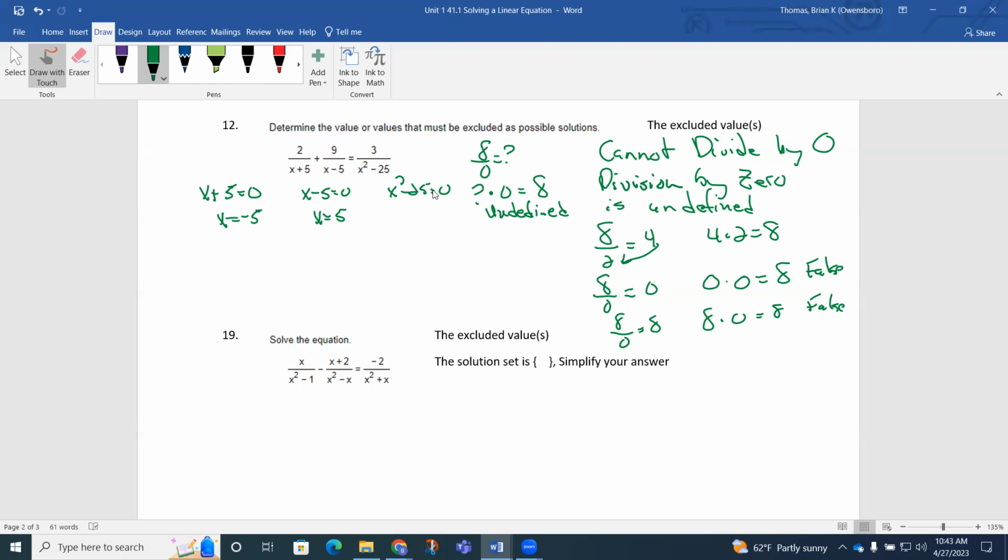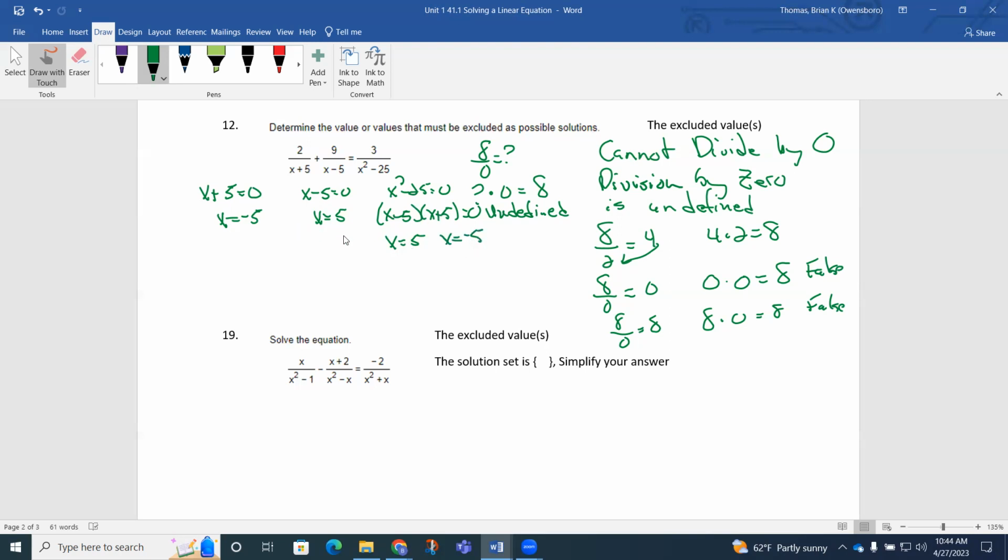Notice how x squared minus 25 is equal to 0. This is a difference of squares. So this actually factors into x minus 5 times x plus 5 equals 0. So notice these are the same factors. But notice how for this, if x equals 5, this is going to make this whole thing turn to 0. If x equals negative 5, this is going to turn this whole thing into 0 as well.